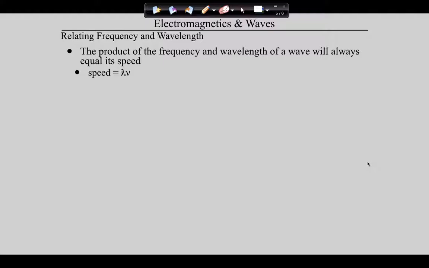So what is lambda? It's wavelength. What are the units? Meters. What is nu? It's frequency. What are the units? Inverse seconds. So guys, when you multiply meters by inverse seconds, you get meters per second, which is speed. Do you see how that fits together?